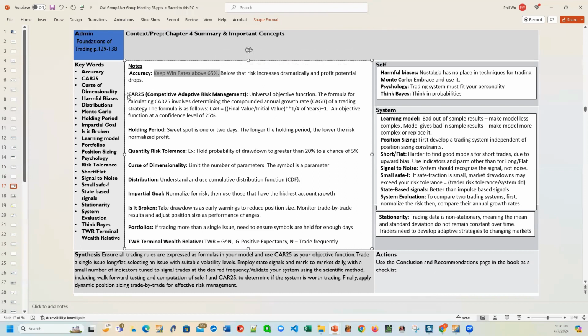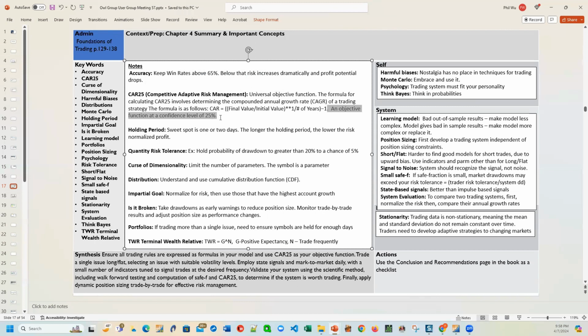He also says we should use what he calls CAR 25. It's an objective function, essentially the compound annual growth rate at a confidence level of 25%.